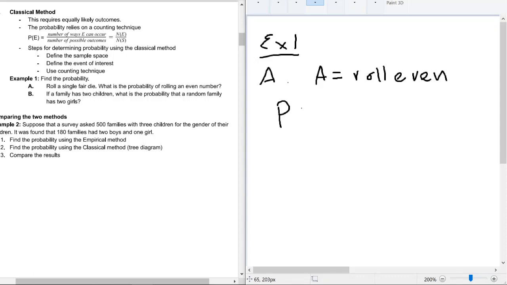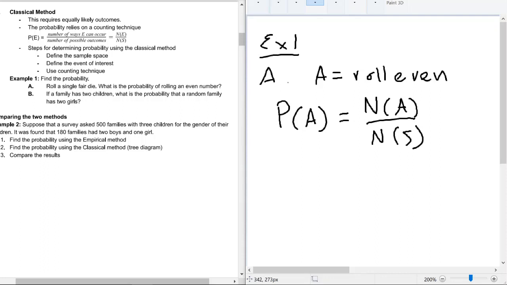Then the probability that the event of interest occurs, based on the classical method, is the number of outcomes in A over the number of outcomes in the sample space. So what I want to do right now is first see how many outcomes are in the event of interest and how many outcomes are in the sample space. In the sample space, I roll a single fair die.